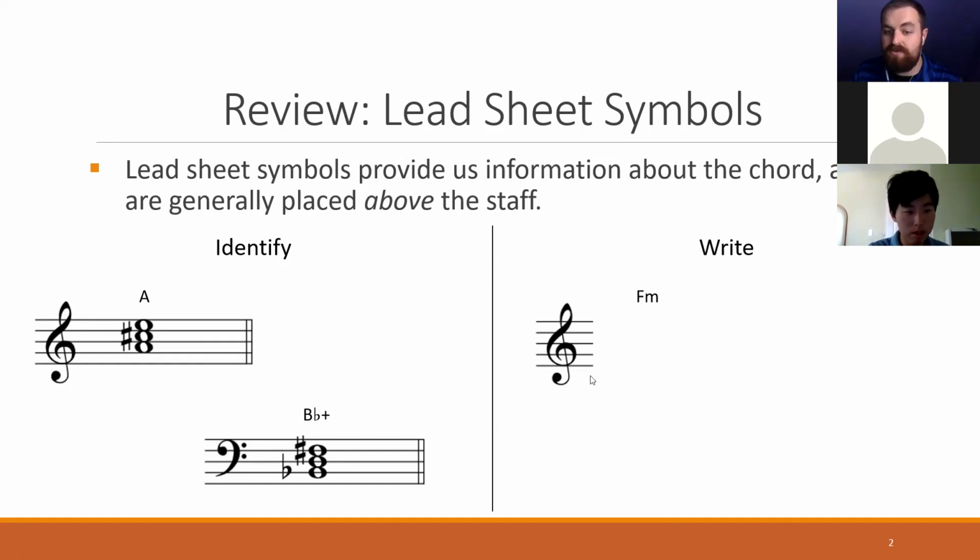Okay, now let's go ahead and write out some chords. So now I have given you treble clef and F minor. So write out the three notes you will need to create an F minor chord from that lead sheet symbol. Take a minute for this one since we're building. We might need some more time.